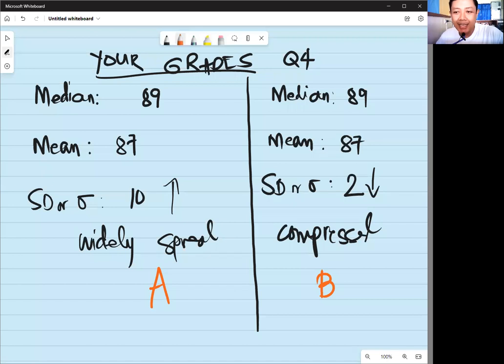Is it the A grades or the B grades? The group A is widely spread, but the group B is compressed. Magkakalapit. O, sige. I am now receiving some answers from your classmates, and if you can expound your answer a lot better.